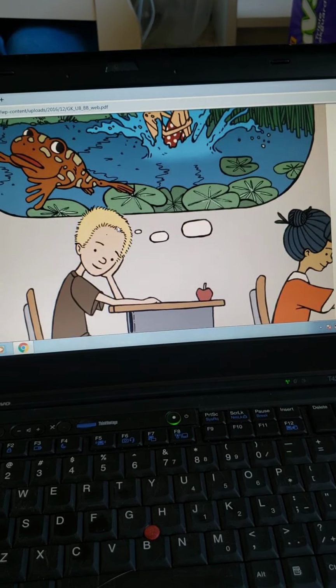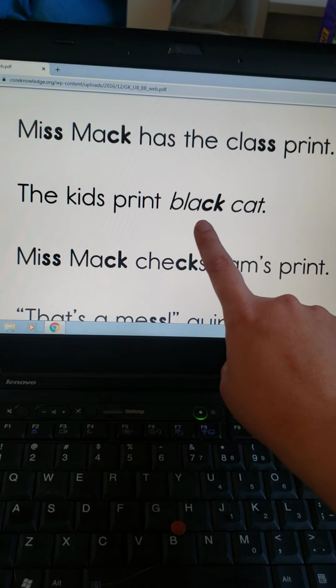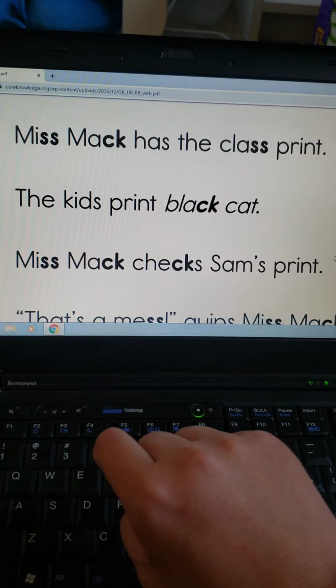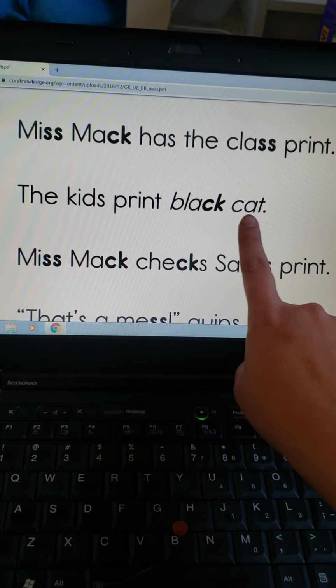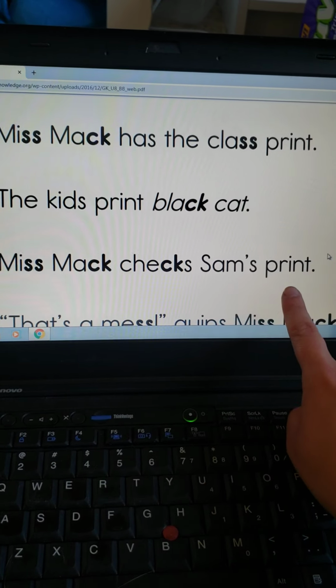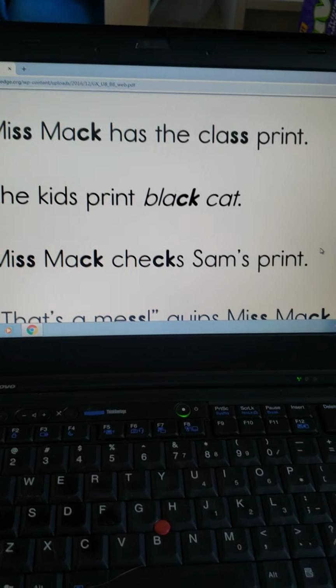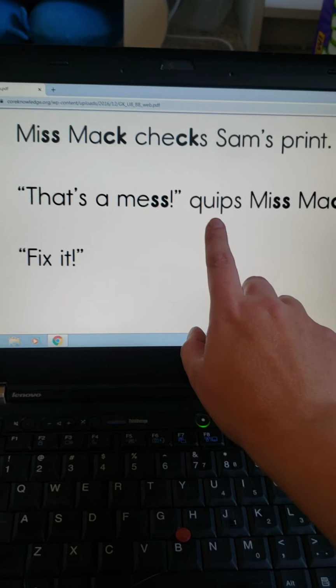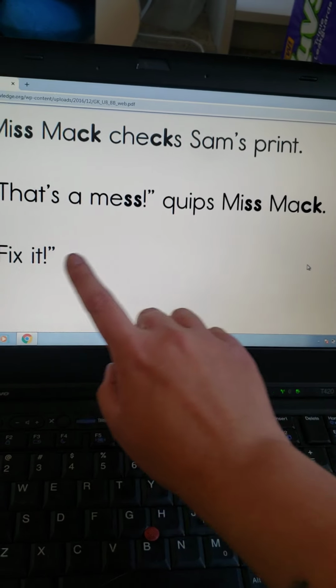All right. Miss Mac has the class print. So that means the teacher is having the class write. The kids print black cat. So that's what they wrote on their paper, black cat. Miss Mac checks Sam's print. That's a mess, quips Miss Mac.